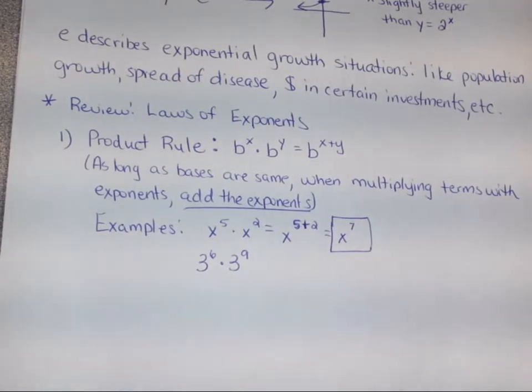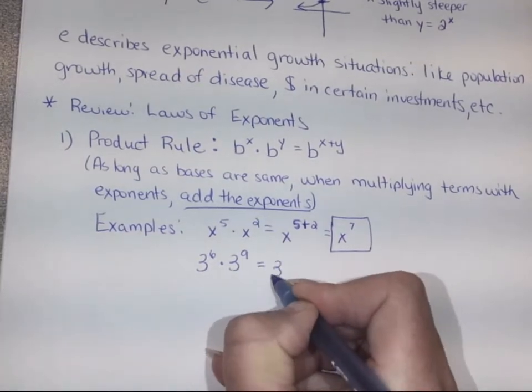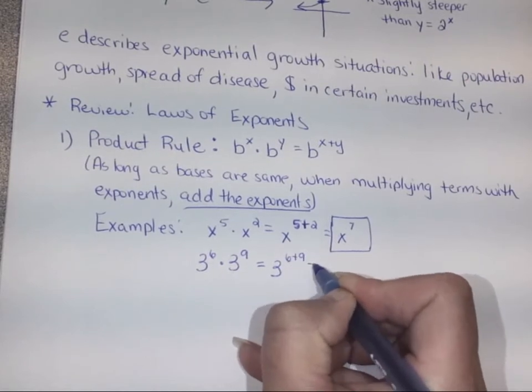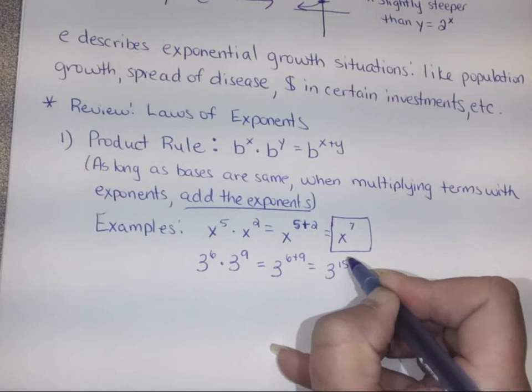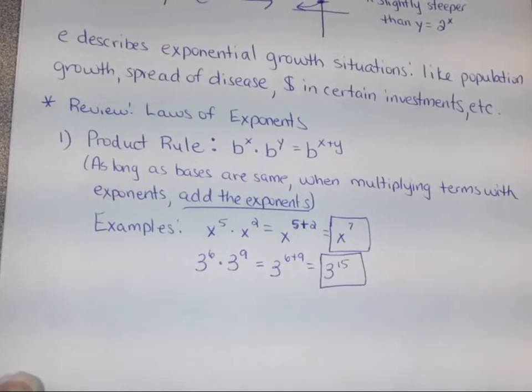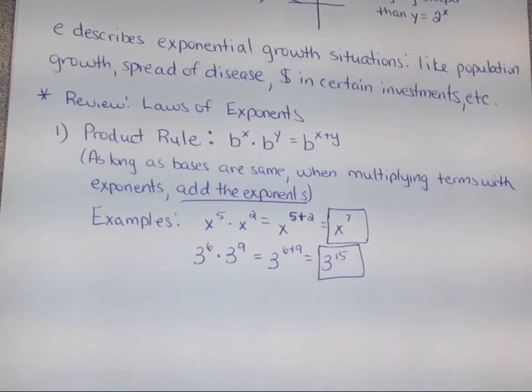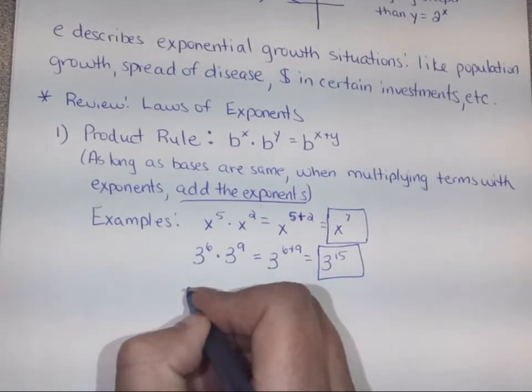So just like the one above it, you don't do anything with the 3 and you just do what with the exponents? You add them. So this would be 3 to the 15th. You would not multiply 3 times 3. Think of 3 to the 6th and 3 to the 9th as partners. You can't separate them. It's not just 3, it's 3 raised to the 6th power, so I have to treat it like an exponent because that's what it is.